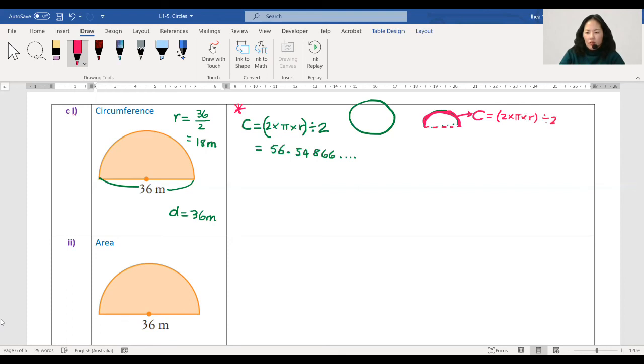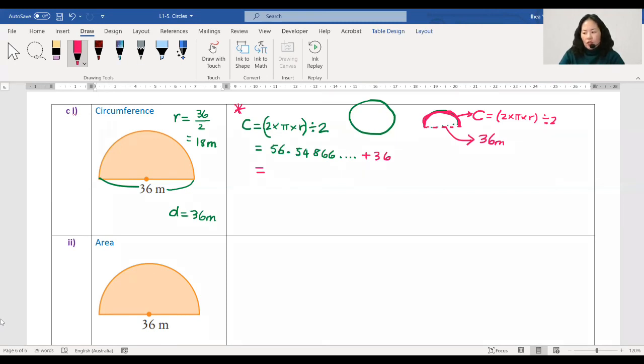It just gives you the top bit, the curved part. This part, we have to add separately. So that plus 36 will give us the full circumference of this semicircle.